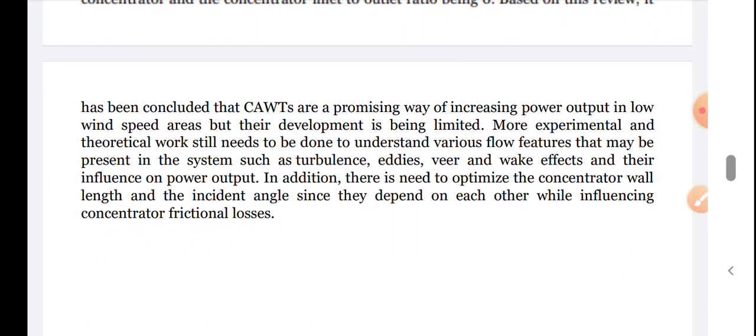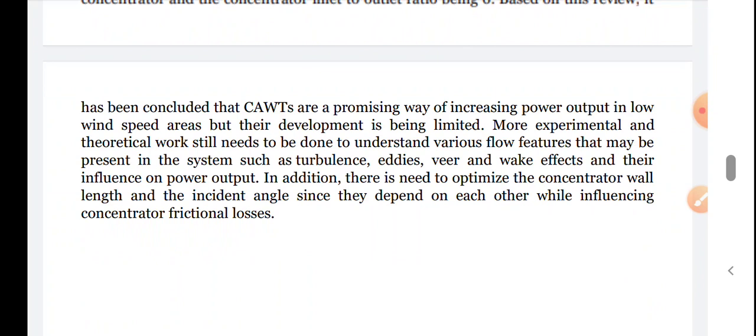Also it has been seen that concentrator augmented wind turbines are a promising way to increase the power output in low wind speed areas, but their development is limited since these are specific for use in areas where the wind speed is more than 5 meters per second.